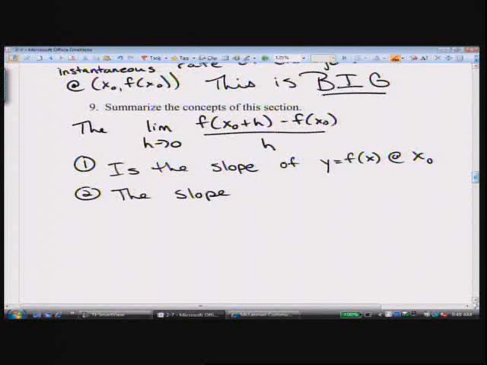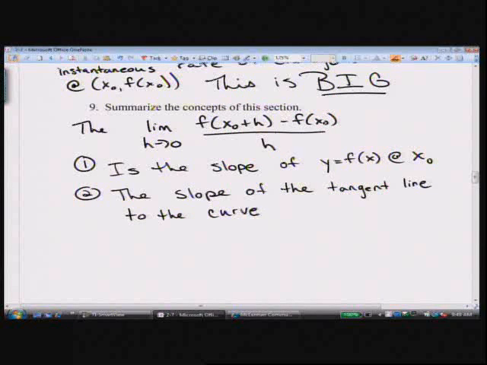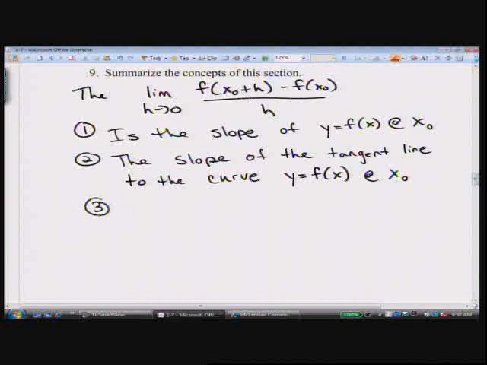Okay. Is the slope of y equals f of x at x naught? Okay, so that's that. It is also the slope of the tangent line to the curve y equals f of x at x naught. So it is the slope of the curve at that instant. It's the slope of the tangent line. We also sometimes use the word instantaneous rate of change.